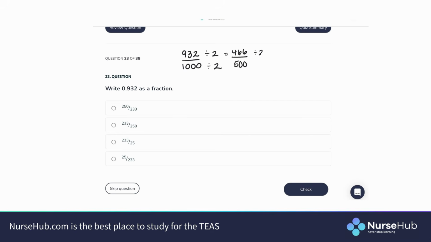Now they're still both even, so I'm going to divide both by 2 again. That gives me 233 over, not 500, that's 250. So now I do see 233 over 250. The greatest common factor the two of those numbers have in common is the number 1, which is why it's in simplest form.